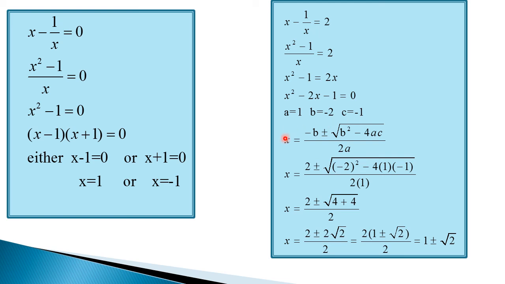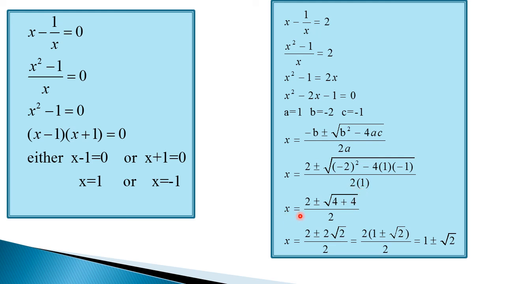Students, here I am going to apply the quadratic formula, that is x equals minus b plus minus under the root b square minus 4ac over 2a. Now I will put the values of a, b and c here. So x is equal to 2 plus minus under the root minus 2 square minus 4 into 1 into minus 1 over 2a, that is 2 into 1.